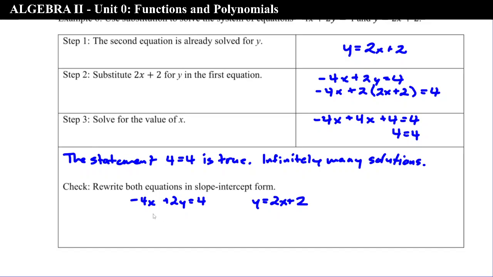So let's solve for y. Well, we have 2y. Adding 4x to each side, we get 4x plus 4. And then dividing everything by 2, we get 2x plus 2. And yes, they are the same equations. So same slope, same y-intercept, therefore we have infinitely many solutions.